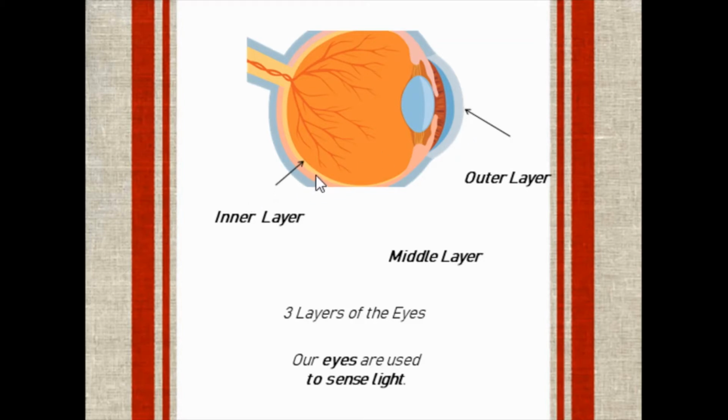The inner layer is around this yellow line. And the middle layer is between this flesh-colored part. Each of these layers serves different functions that help in transmitting impulses from the eye towards the brain.